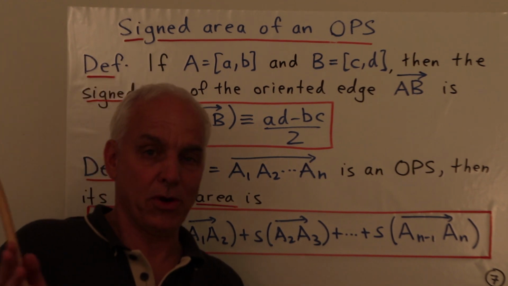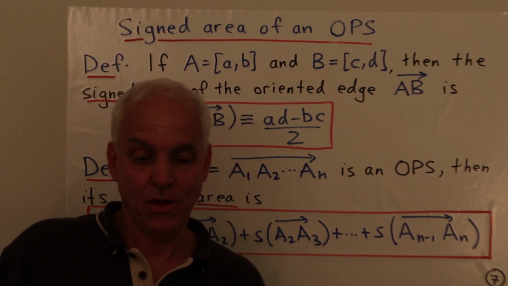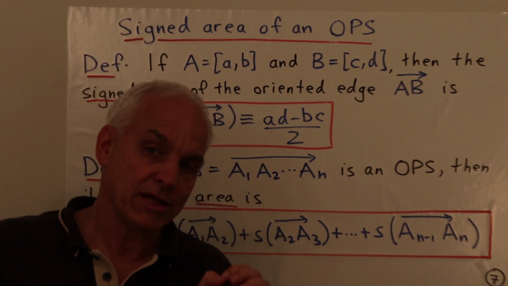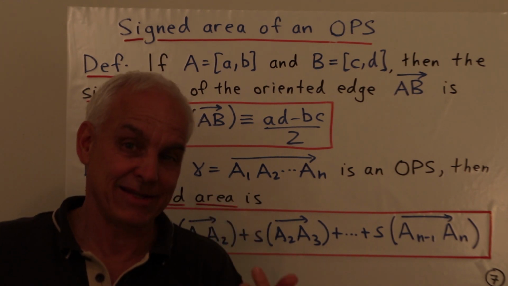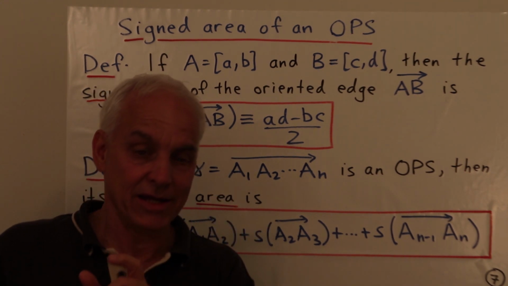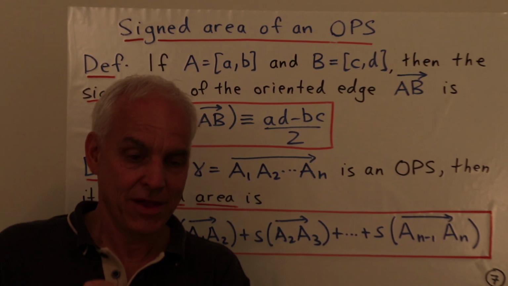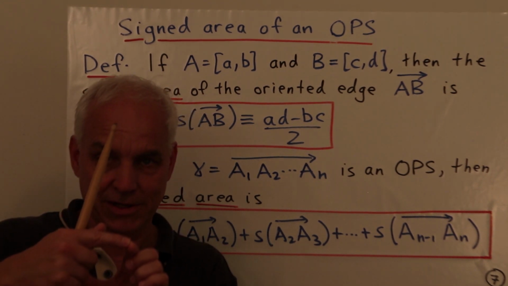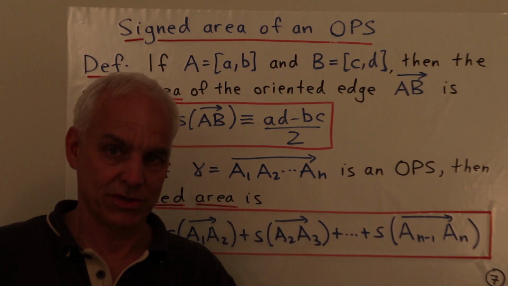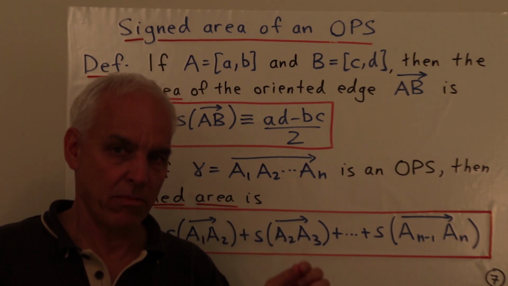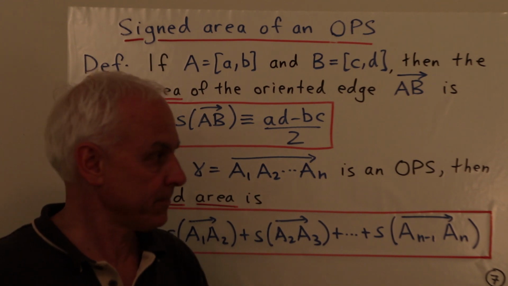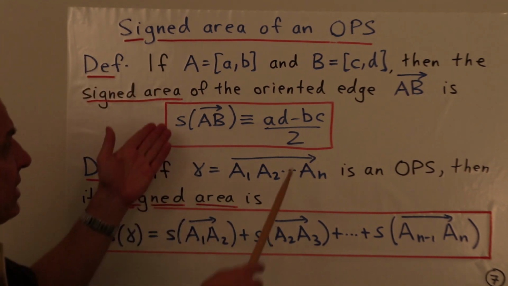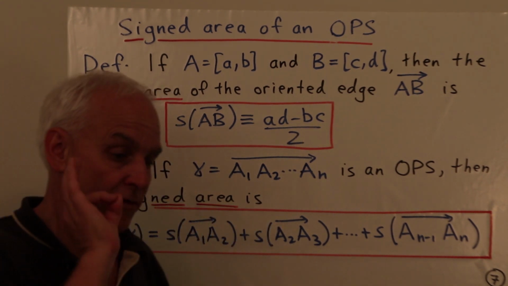What's the difference between an oriented edge and an oriented side? Only this, that the oriented edge is a list, while the oriented side is an oset. Sides have to have distinct points. Edges don't. We can have an edge of the form B to B. So that's our definition of the signed area of an oriented edge.